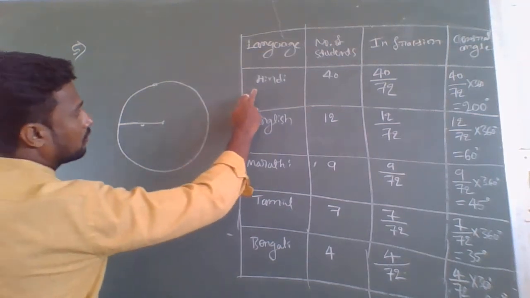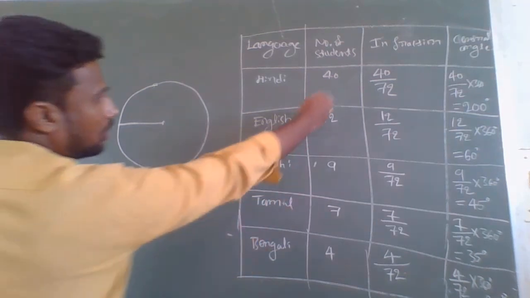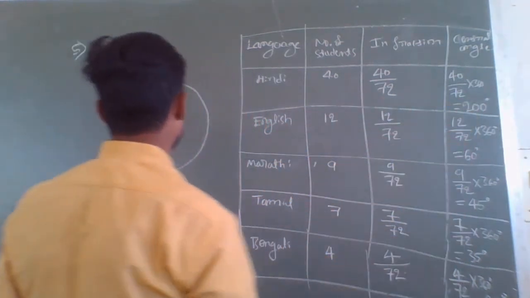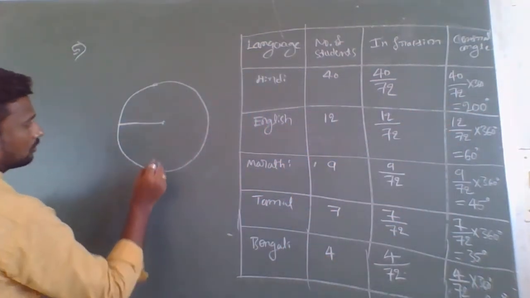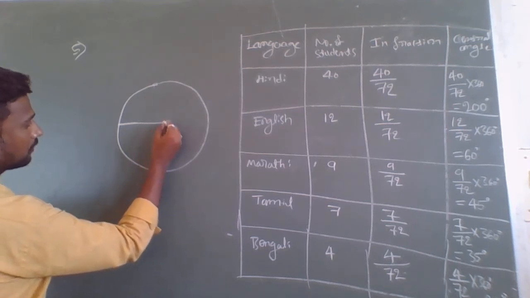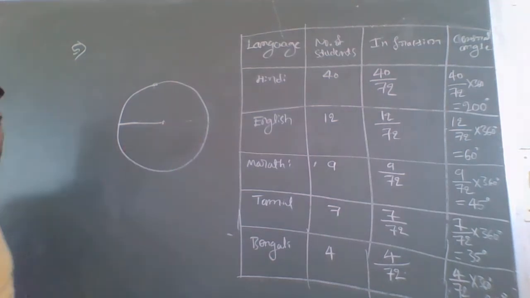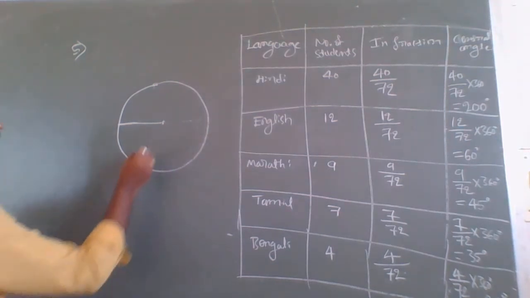Now Hindi is spoken by how many students? 40, which means the central angle is 200. So now you have to draw a line for 200 degree. In your protractor you can get only 180 degree.